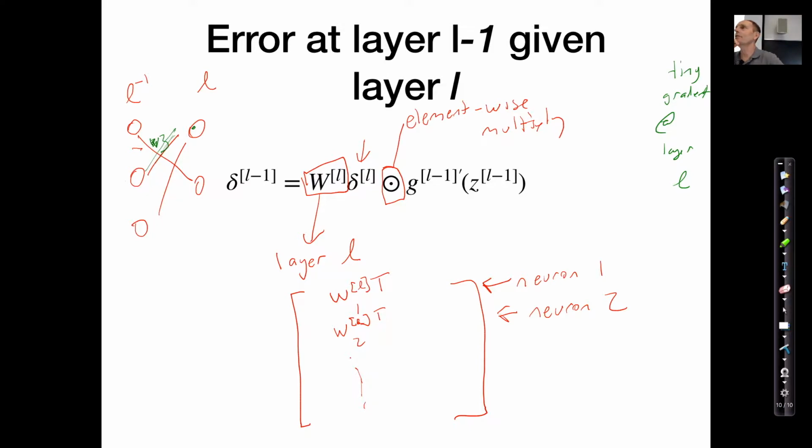And similarly, if you have a tiny activation, a tiny weighted input, you're going to also get a tiny gradient. Or if you have a giant gradient at level L, you're going to have a giant gradient at level L minus 1. And similarly, if you have a giant weighted input. So it's a problem if your gradients start getting too big or too small. We have a problem called exploding or vanishing gradients.